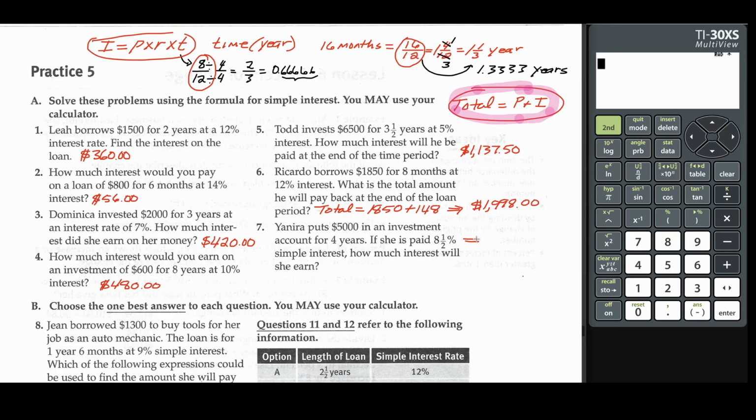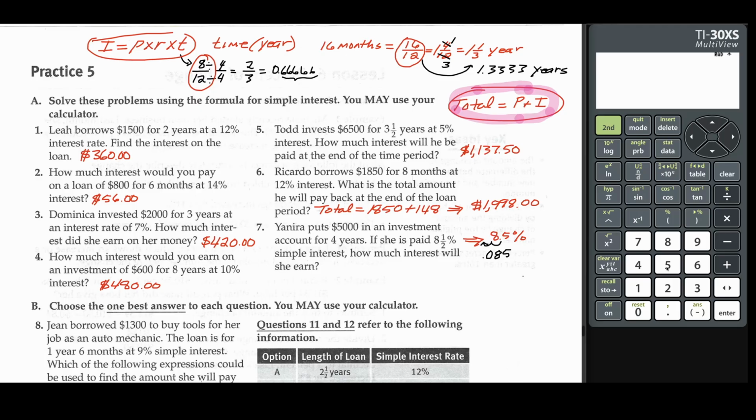Okay, so 8.5%, but to get to a decimal number, we need to move this point 1, 2. So when you do that, you will have 0.085. That's the decimal number that we will use when we punch in 8.5%. That is the same as 0.085 in decimal form.